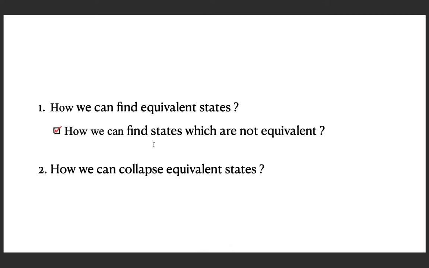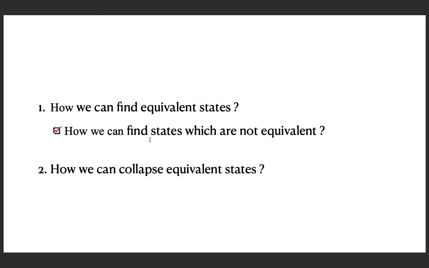and in order to answer the first question, we will be answering the opposite question. How can we find states which are non-equivalent? Suppose you are looking at a pair of states P, Q; either they are equivalent or they are non-equivalent. If you can answer whether they are non-equivalent, it will give you an answer to this question as well.